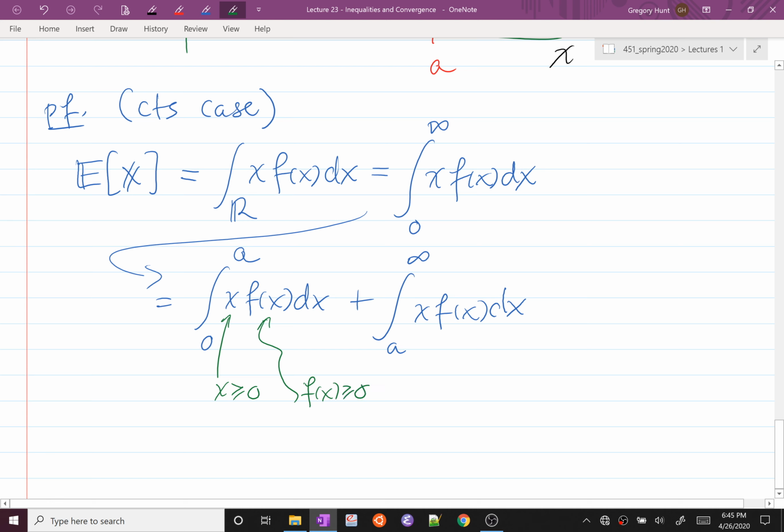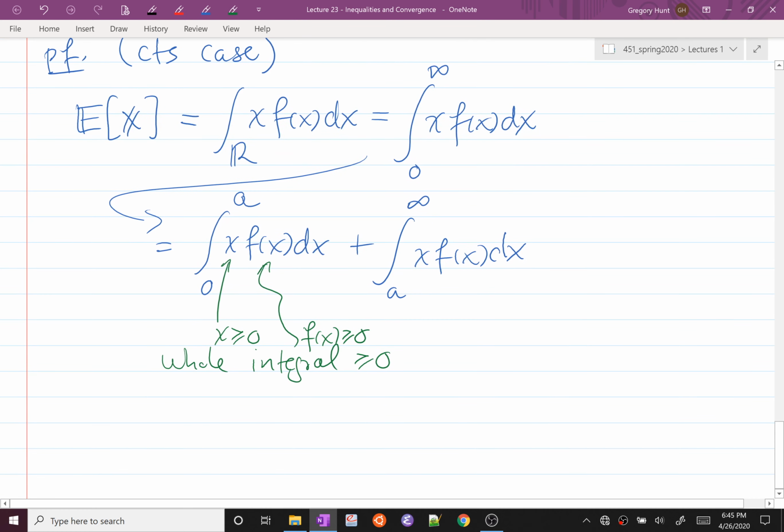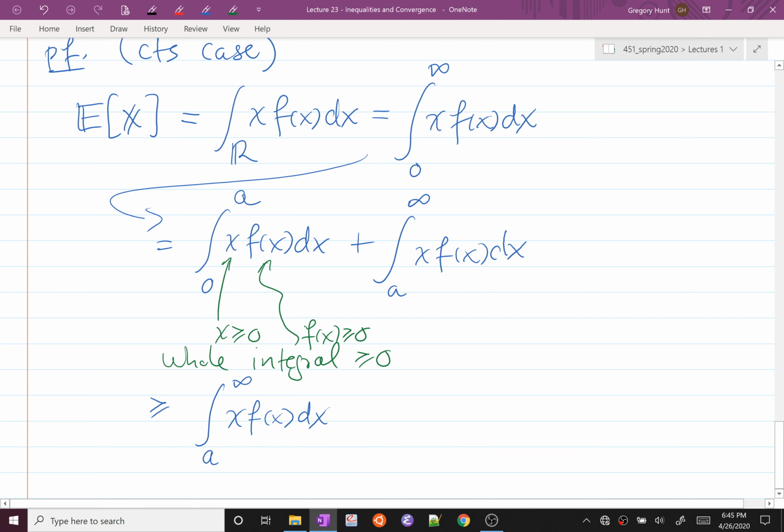This whole integral is also non-negative, which means that if I remove it, I can change my equality to an inequality and say this is bigger than or equal to the integral from a to infinity of x f_X dx.